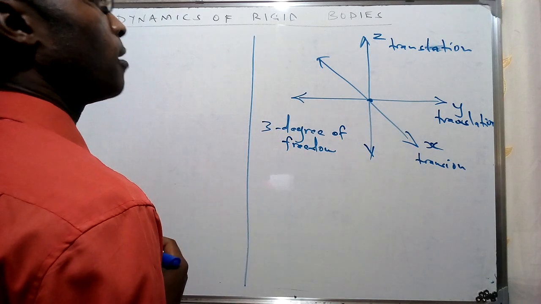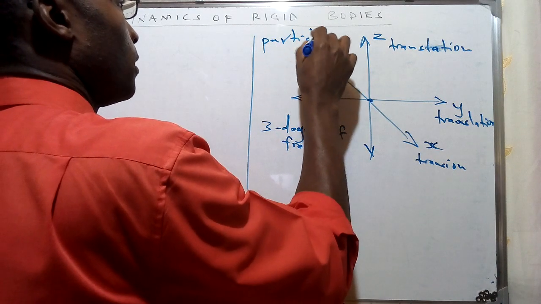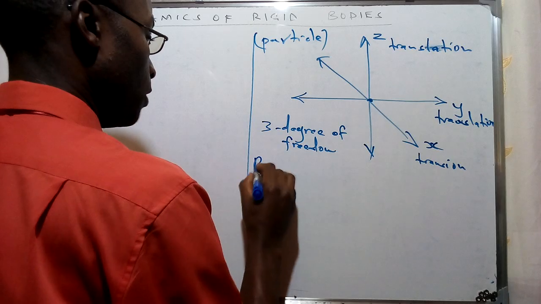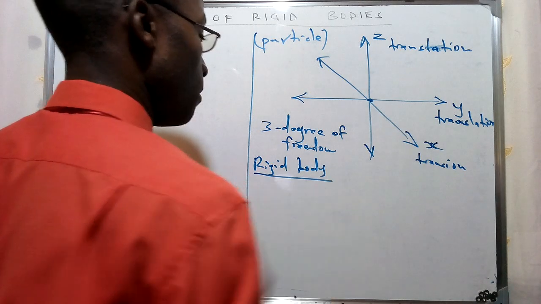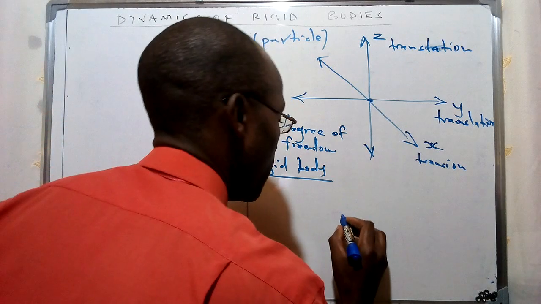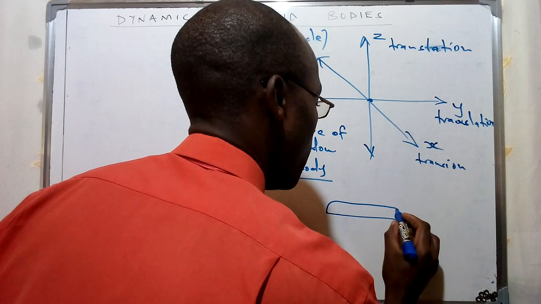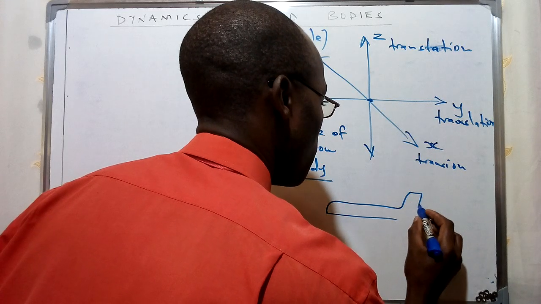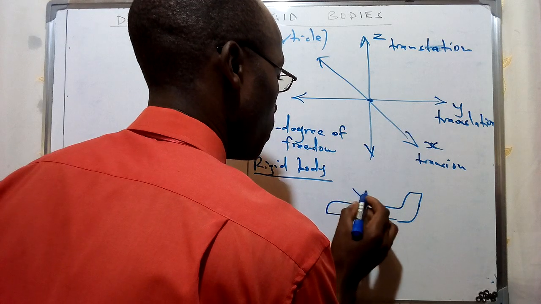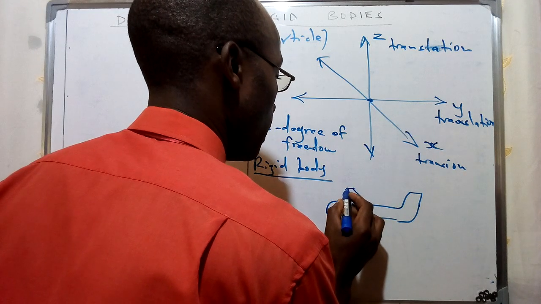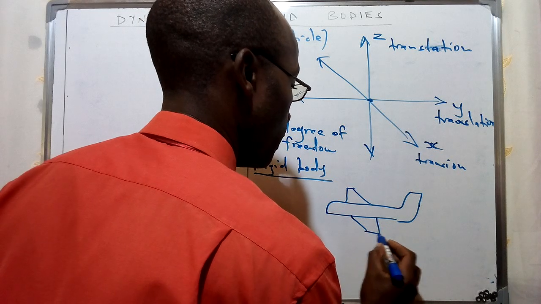But we're going to see that if we consider a rigid body, regarding this one as a particle, in case we consider a rigid body, I'm going to give an example of an aeroplane. So perhaps I can give this rough sketch for a plane, and I hope my illustration is going to be elaborate. We have the wings of this plane given as such.